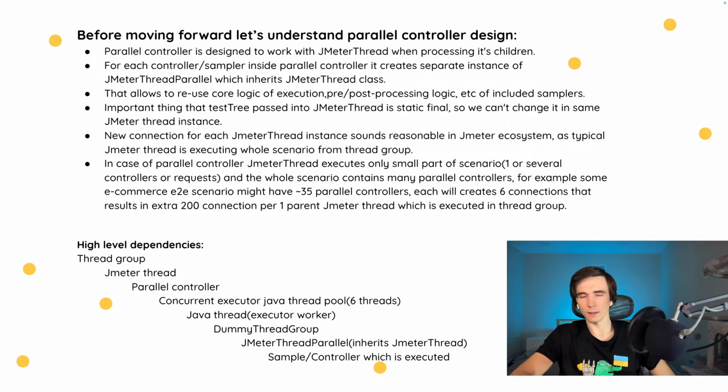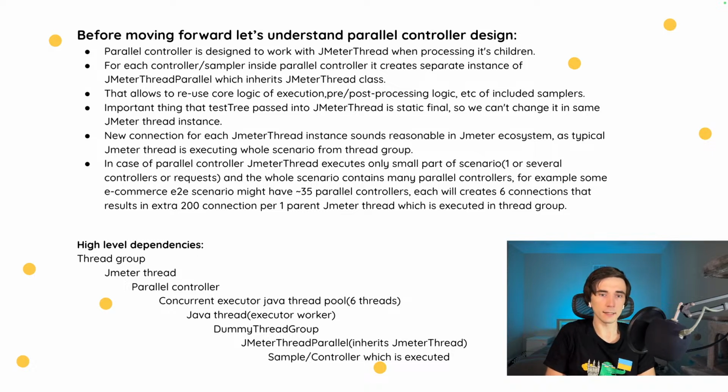But generally, from this kind of hierarchy, what you need to understand is that the parallel controller implementation mostly inherits the common JMeter thread implementation. And that's the main problem of it, because we expect the parallel controller to work a little bit differently from the regular JMeter thread. Later you will see that the main reason we have issues with connections is that we are relying on the core JMeter thread.